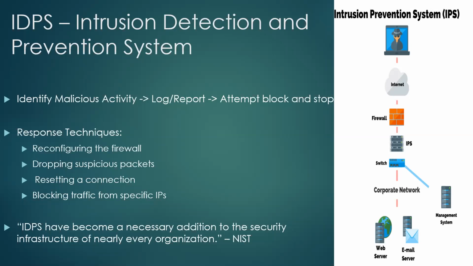In addition, organizations use IDPSs for other purposes, such as identifying problems with security policies, documenting existing threats, and deterring individuals from violating security policies. NIST's Guide to Intrusion Detection Systems and Prevention Systems says IDPS have become a necessary addition to the security infrastructure of nearly every organization.